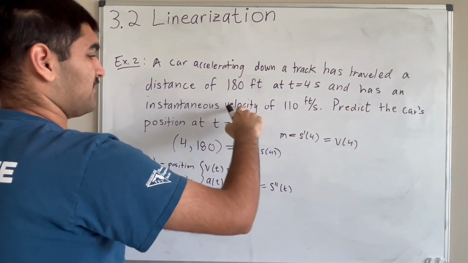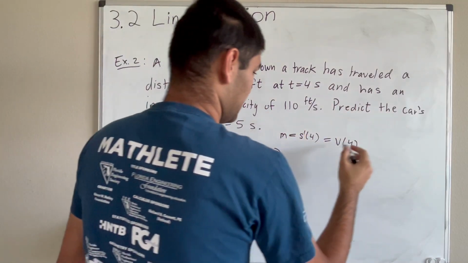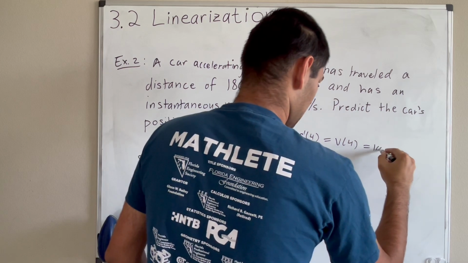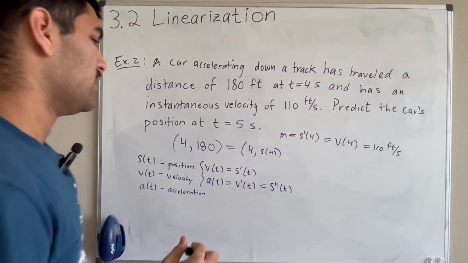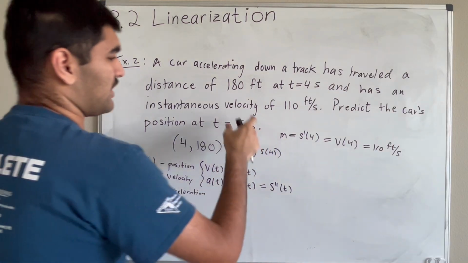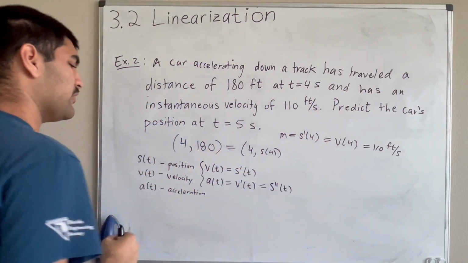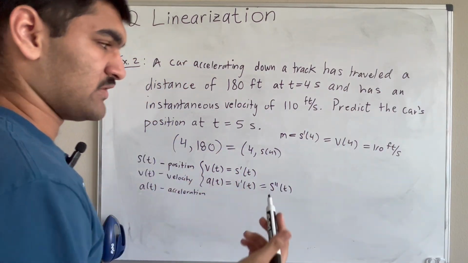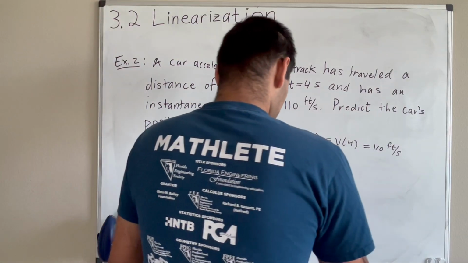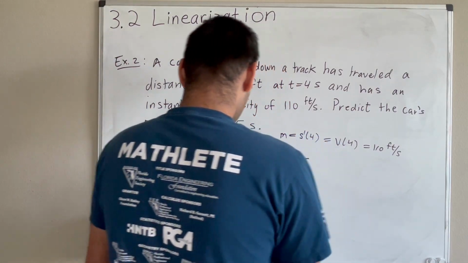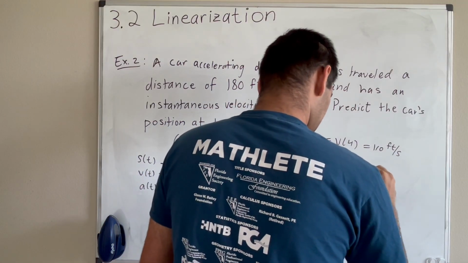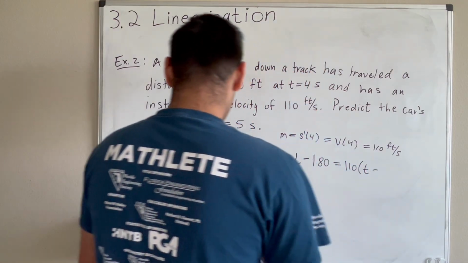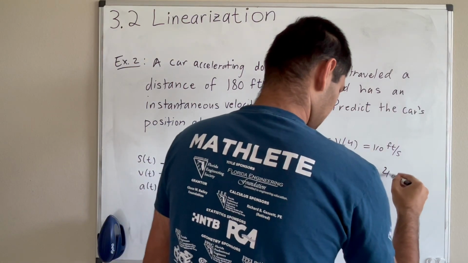And that they do give us, right? They tell us that the instantaneous velocity is 110 feet per second. So this is equal to 110 feet per second. All right, good. So now we have the slope at t equals 4 seconds, and we have a point. So now we can use linearization to find the equation of the line. So we have L minus 180 equals the slope, which is 110, times t minus 4.